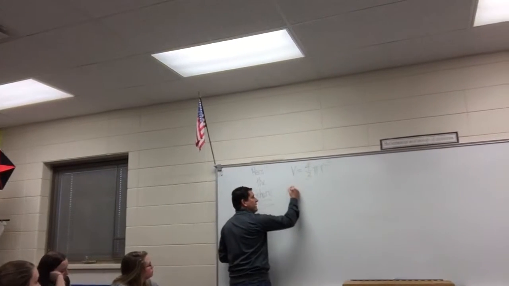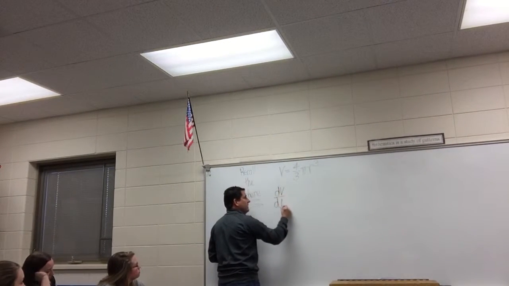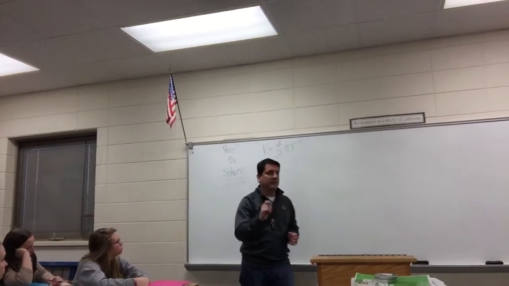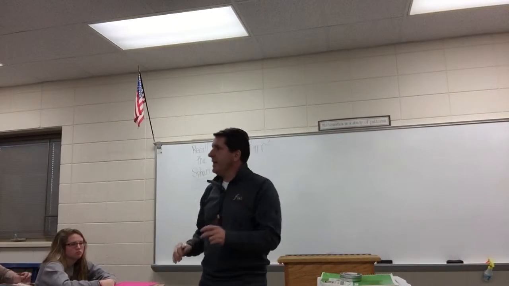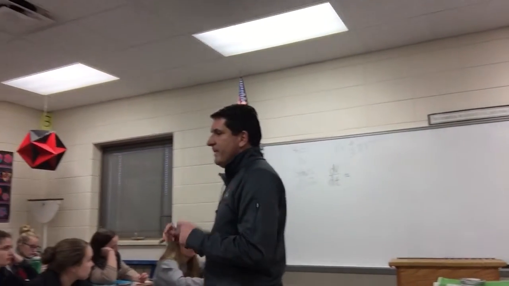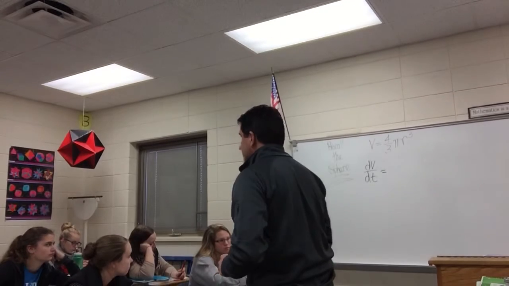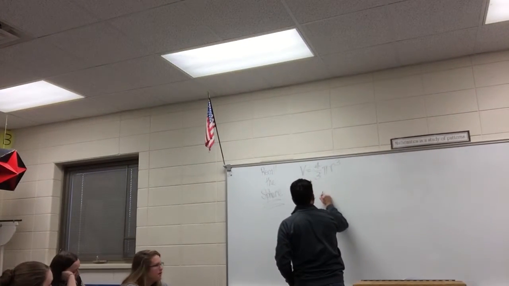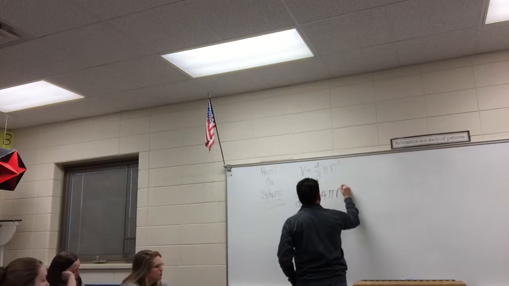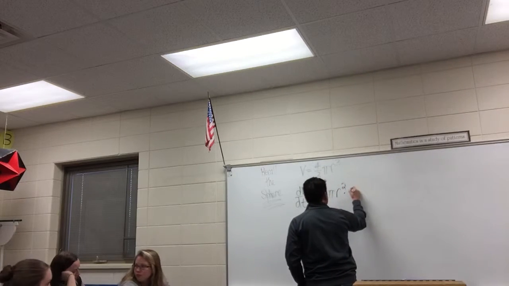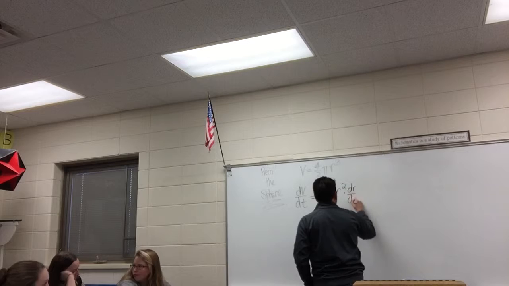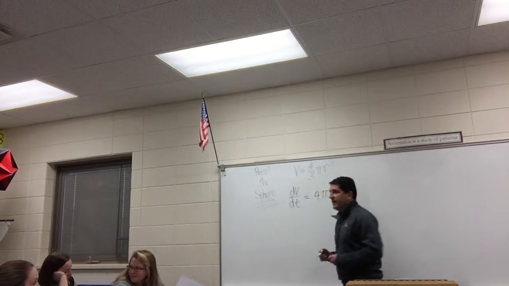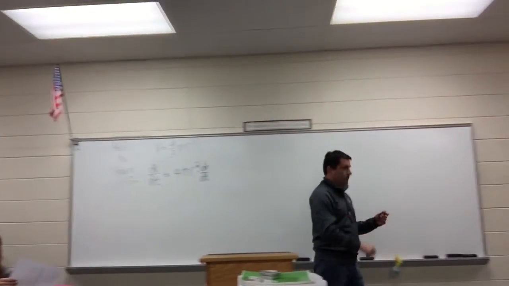Then the derivative would be dV/dt. Remember, dV/dt we would call the rate that the volume is changing by, is equal to, then do the math here, 4 pi r squared times dr/dt, where dr/dt is the rate that the radius is changing.